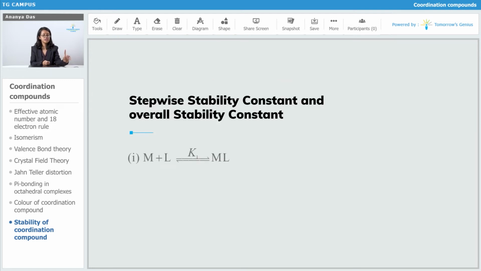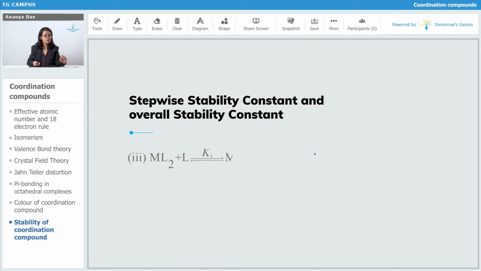This is the first step. For the first step, the equilibrium constant K1 is equal to ML divided by M into L. Then we go to the second step. For the second step, K2 is equal to ML2 divided by ML into L. So, this is the equilibrium constant for your second step.